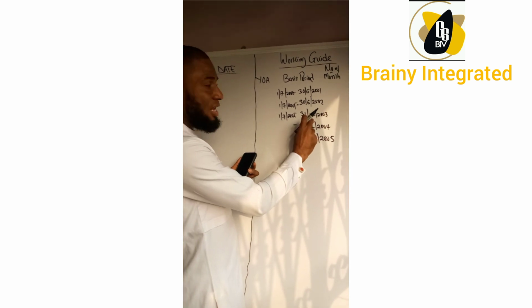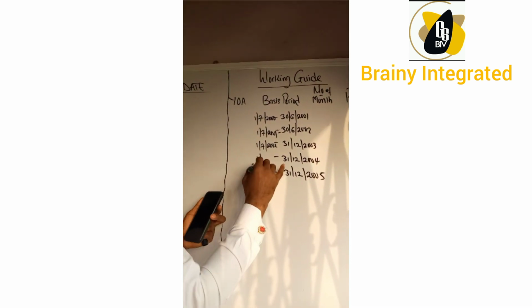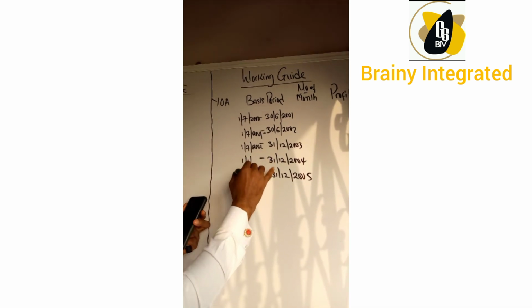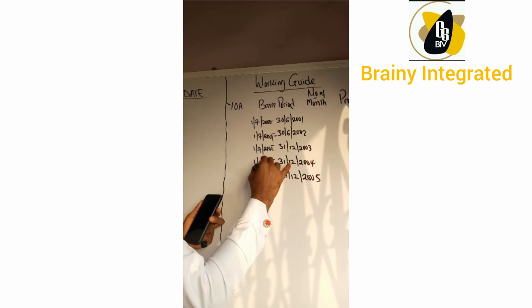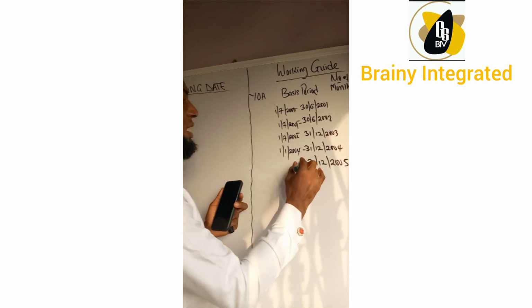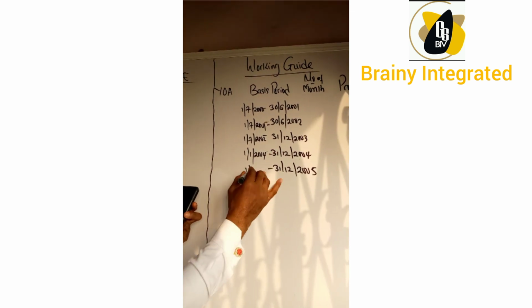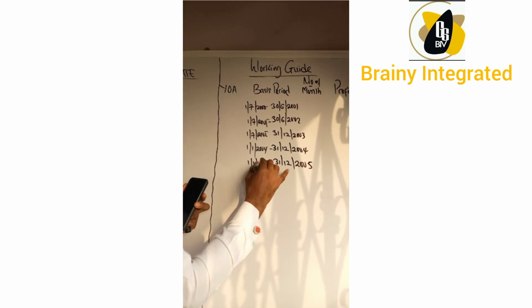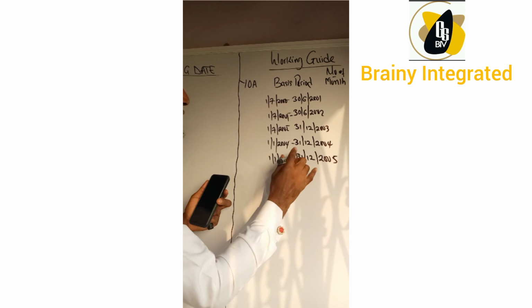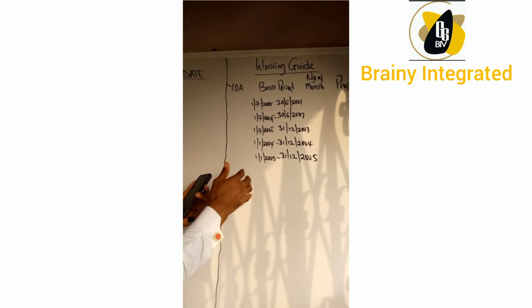The next day after the end of this year is 1st of January 2004. Are we together? And the next day after the last year end is 1/1/2005. So we have been able to arrive at the beginning and the year end.